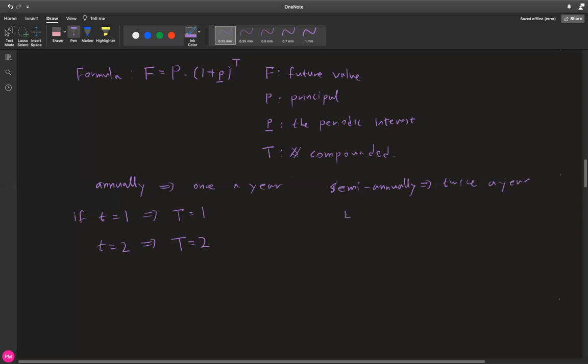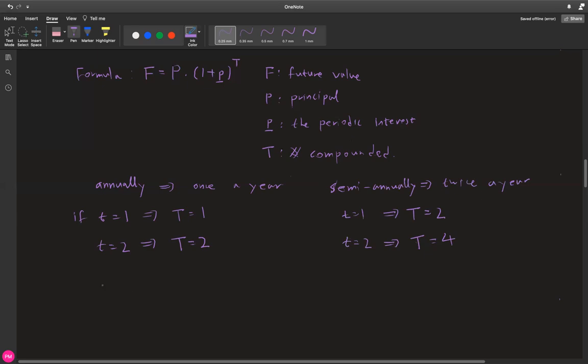And if T is 1, in other words, if it's compounded for 1 year, the capital T is actually 2 because it's compounded twice for that 1 year. If T is 2, the total number of times compounded is actually 4. You're simply multiplying how many years it's being compounded by the number of times it's compounded a year.